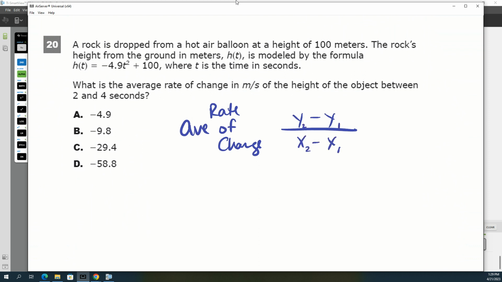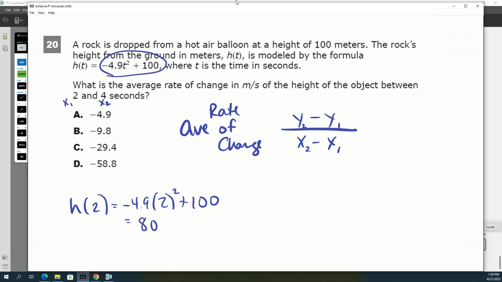All right, so this is x1 and this is x2. To find y1 and y2, you're going to plug them into the formula. Okay, and when I did that earlier, just in the calculator, I got 80.4.